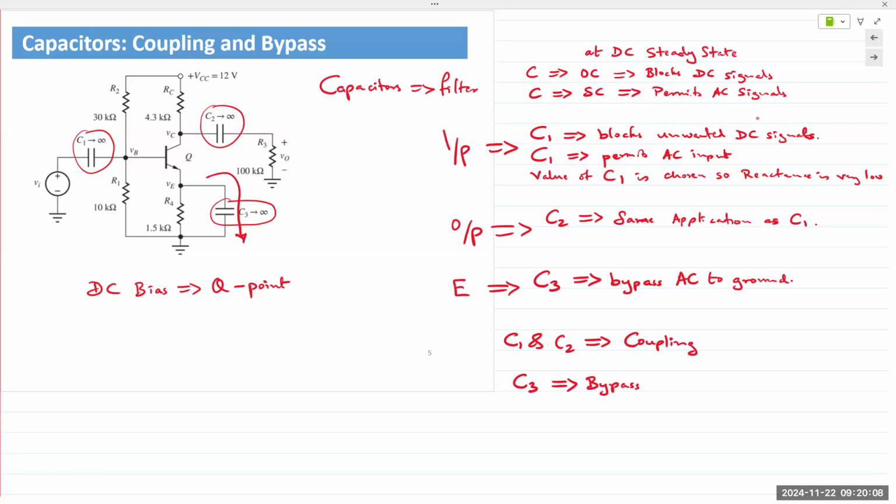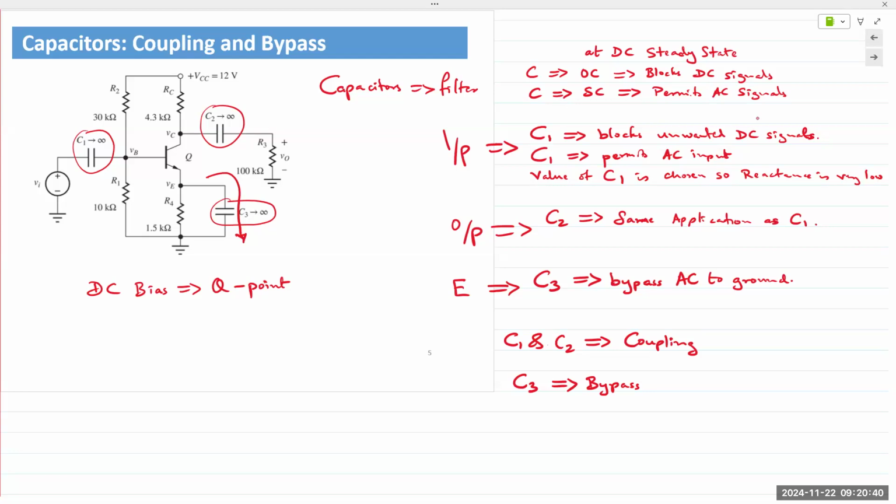And C3 is known as the bypass capacitor because it allows the AC signal to be bypassed. And that's the purpose of these capacitors in the circuit. So far, so good.